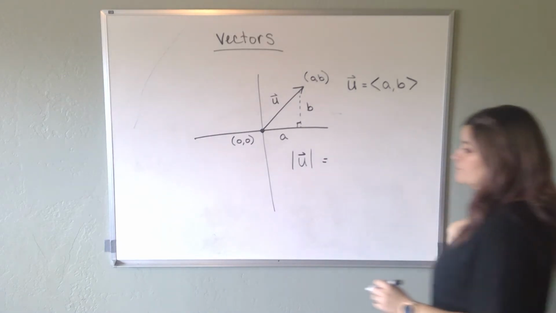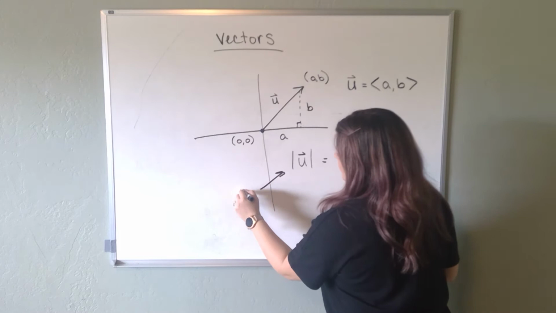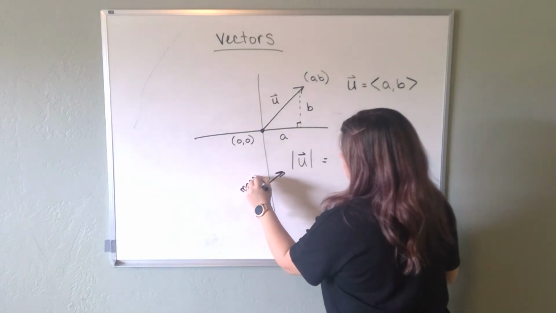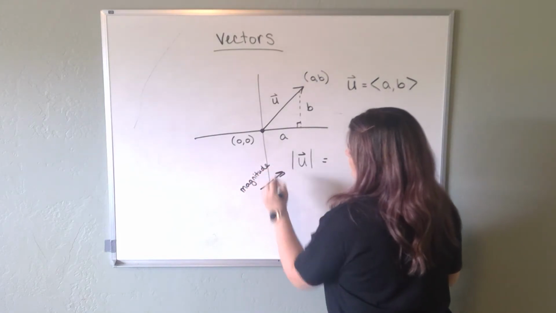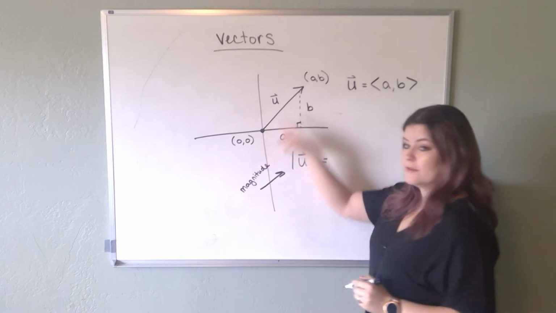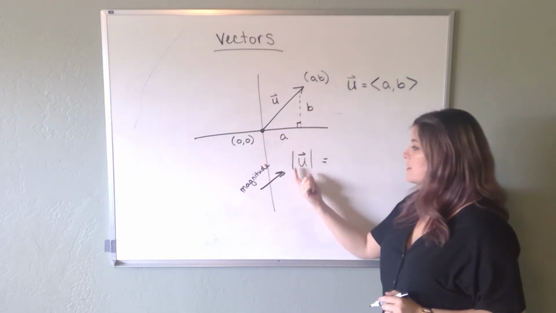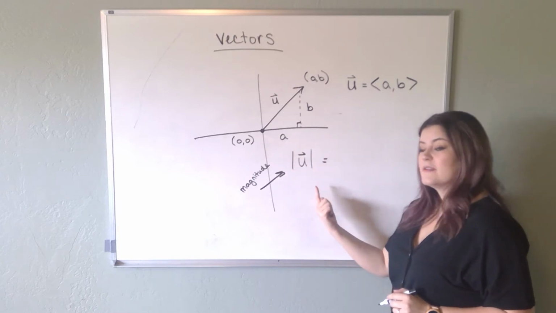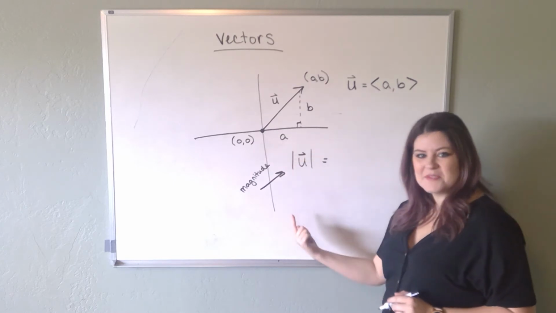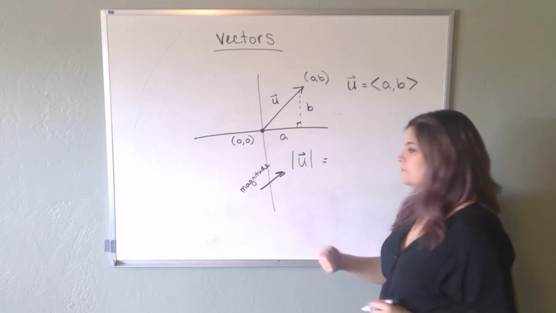sorry. So you guys, new notation. Magnitude, length of a vector, the distance between initial and terminal points. I can write it as the vector with kind of like absolute value signs on each side.